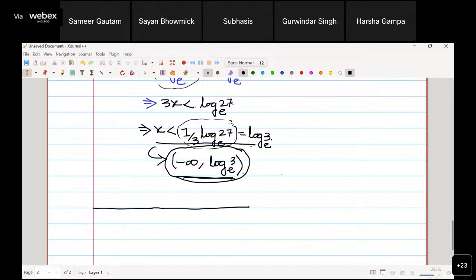One region is 0 to infinity, and another region is log e base 3 to minus infinity. As you can see, this is the common region, common to both these regions. So from here, what is the common region?